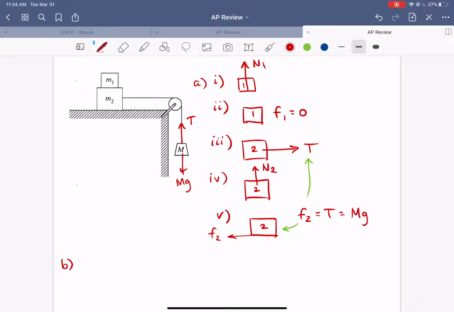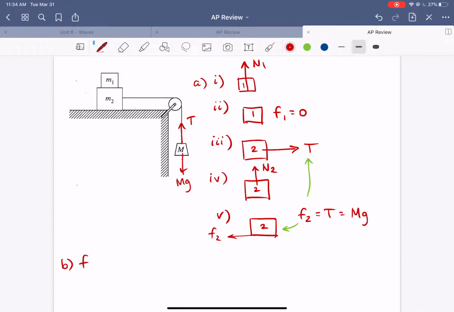Okay, so for part B, they want you to find the largest value of M such that these blocks can remain at rest. So that is going to be related to the friction force acting on block 2. So part B is worth 3 points.